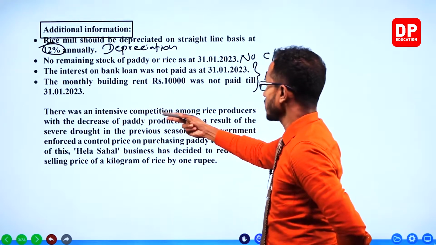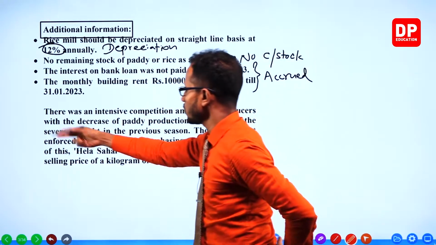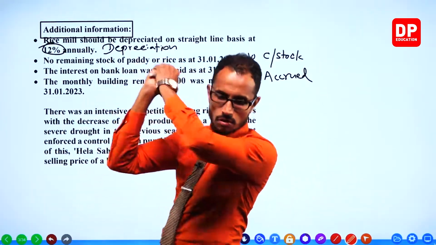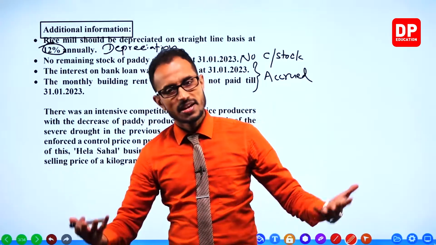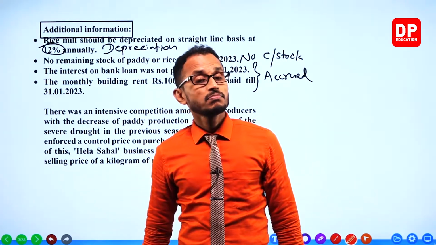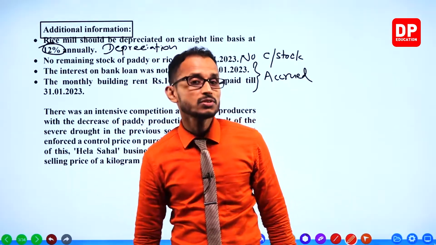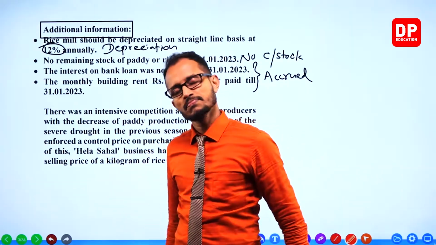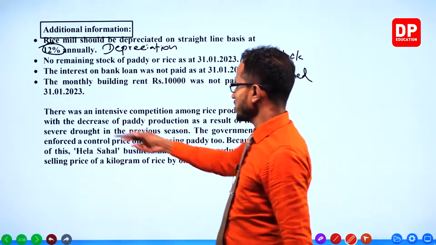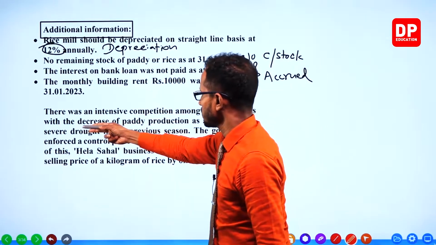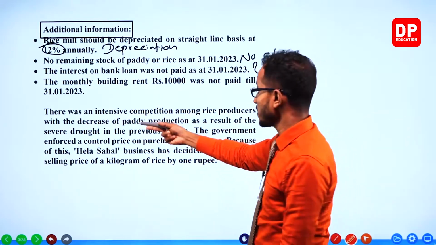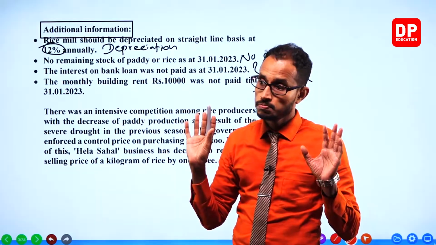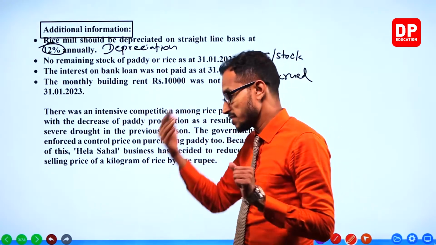There was an intensive competition among rice producers with the decrease of paddy production. Paddy farmers only produce the paddy, so if the drought hits the area, it's a disaster. The decrease of paddy production happened as a result of the severe drought.